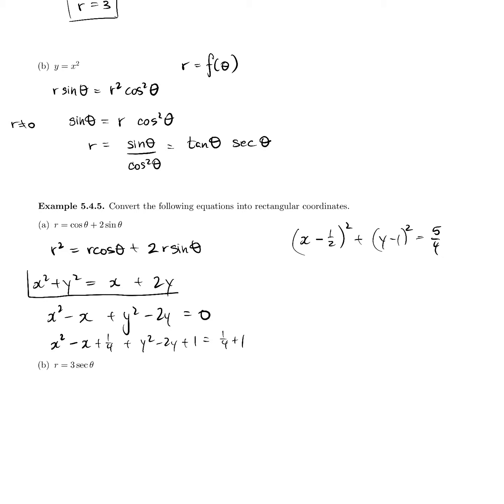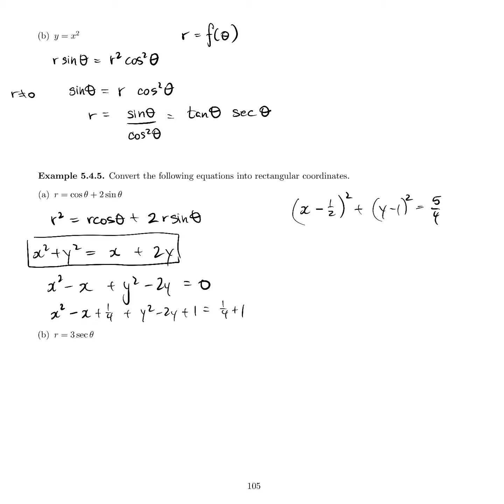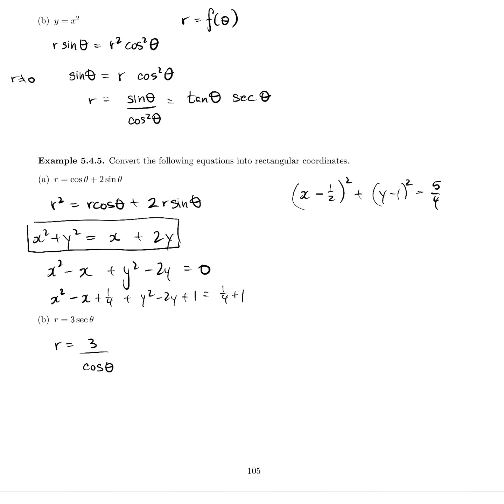This would have been fine as a final answer to convert, but now we actually see what the graph looks like. And the last one here of example 5.4.5, we're asked to convert r is 3 secant theta into rectangular coordinates. So let's rewrite the secant as 1 over the cosine, multiply up, and we have r times cos of theta is equal to 3.